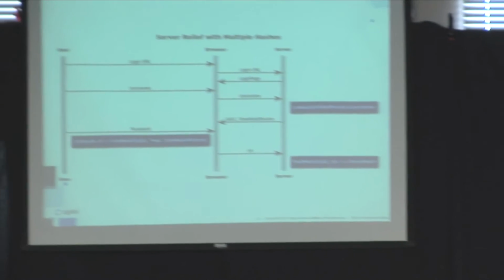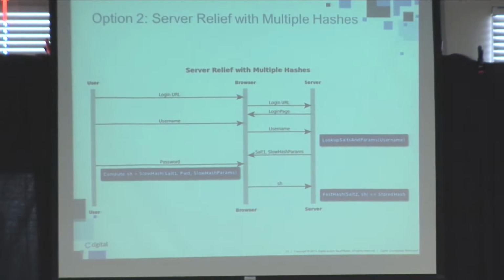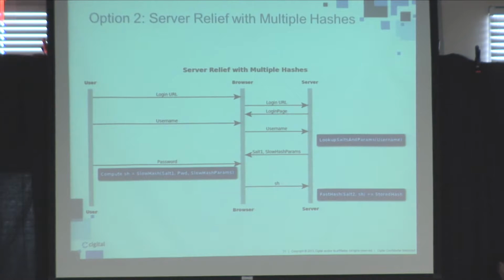Let's take a look at another approach. This approach involves using two hashes. We're trying to solve that problem of, well, if the password table gets compromised, those values are the passwords. So what we do is adaptive hashing on the browser side as before, but what we store on the server side is just a traditional cryptographic hash of what the browser sends.